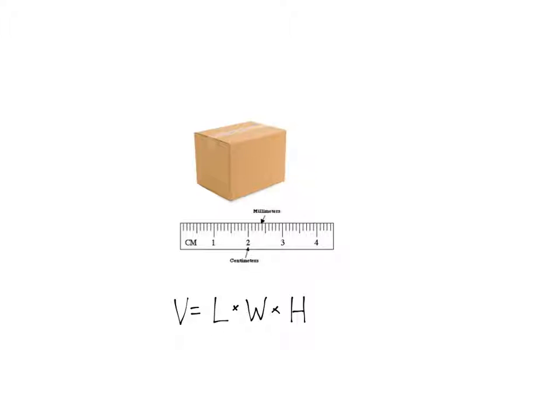Now in science we always talk about centimeters and meters. We are going to talk about centimeters. And what you would do is you always start at the 0. Okay, so when you're measuring volume to get the length times the width times the height, you always start at the 0. Sometimes the 0 is marked. Sometimes it's just the end of the ruler, so you have to decide.